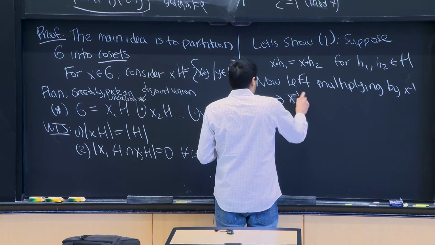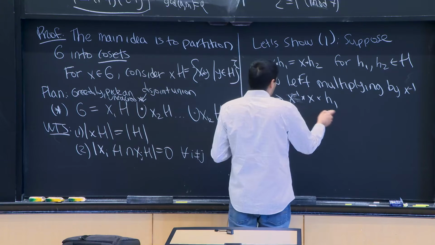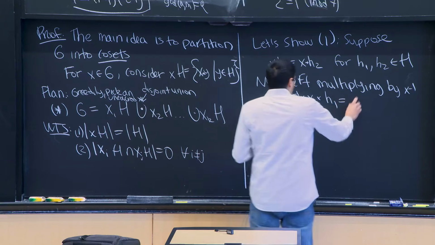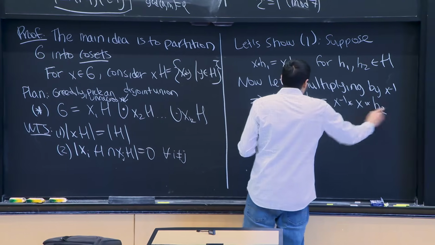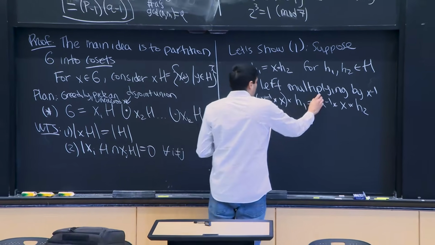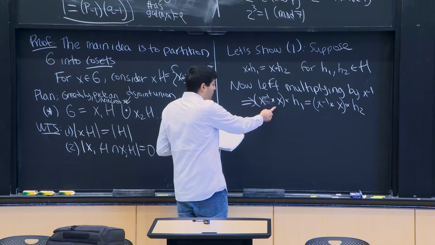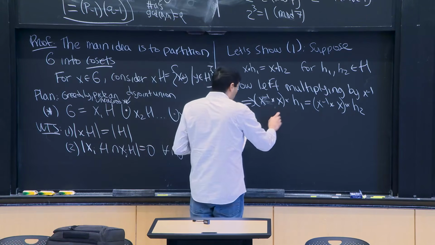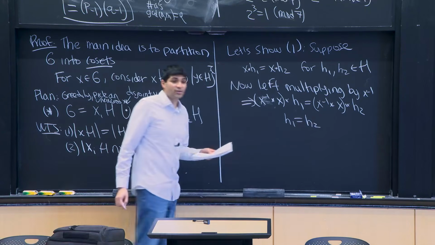then what this is going to imply is that x inverse x h1, and now I can use associativity, is equal to x inverse x h2. When I use associativity and the property of the inverse, that it equals the identity, and that identity times an element is the element, it's going to imply that h1 equals h2.